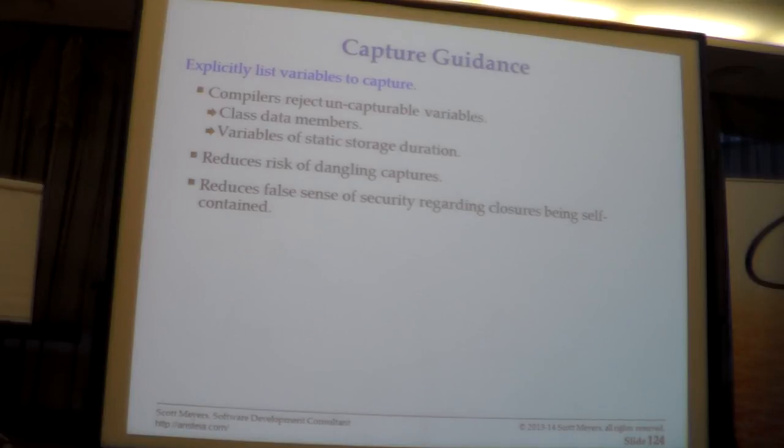Why? So the question is why? Why will it be rejected? It will be rejected because the language rule is you can only capture non-static local variables. And I think the thinking is if you wanted to capture one of these other things, you'd copy it into a local variable and then you'd capture that.